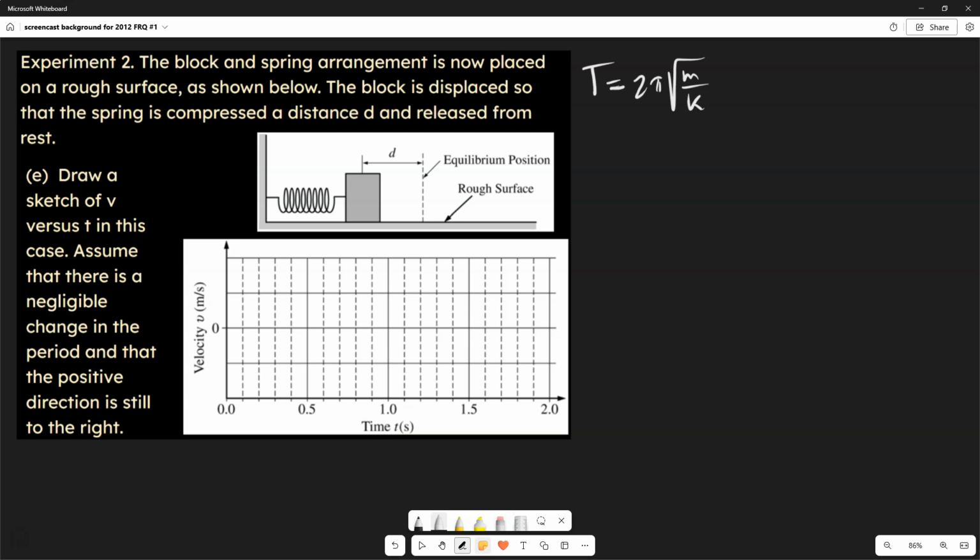Alright, so what do we do with that? Well, we know that this is going to start in the positive direction, but it's going to lose energy over time. So we're going to start drawing this, and we're going to need to get a peak, but we also want to get, the period was 0.7 seconds, right? So it stands to reason that 1/2 of the period is equal to 0.35 seconds.